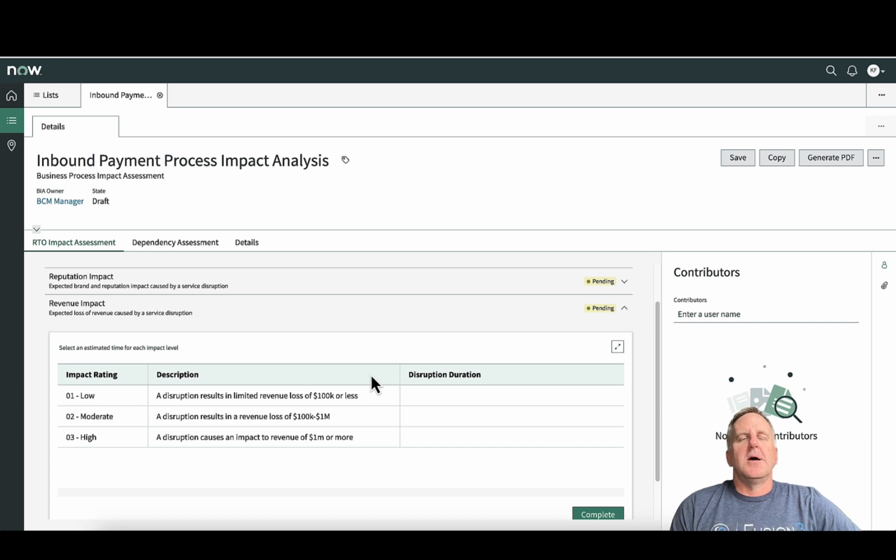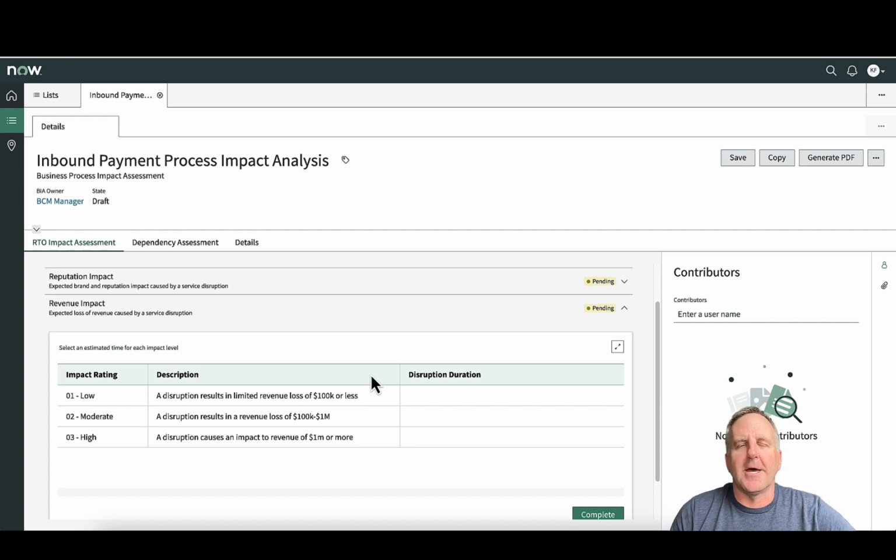So what you really want to start to think about is what's the first point that you start to have an impact, right? That it has an impact to the organization, it has a minor impact to the organization, and start thinking about how long of a disruption has to occur before you start having that kind of impact. Now you have to quantify those impact levels, right? What is a low impact? What's a medium impact or a high impact?